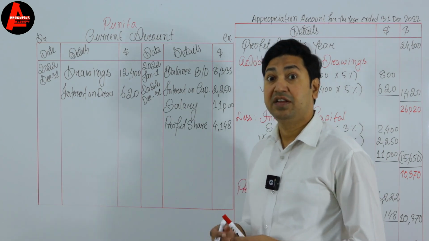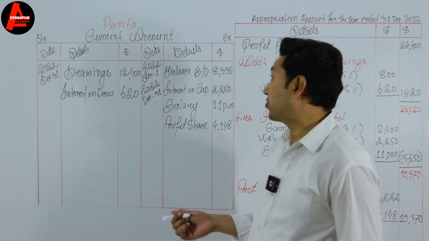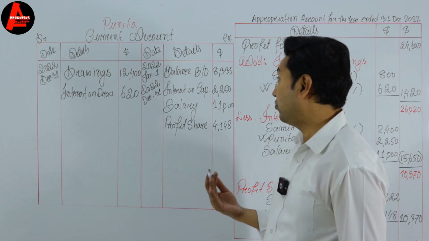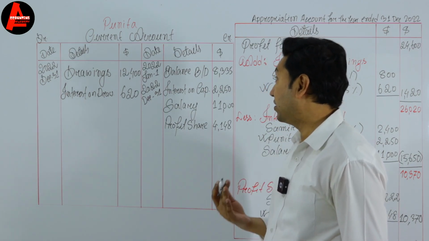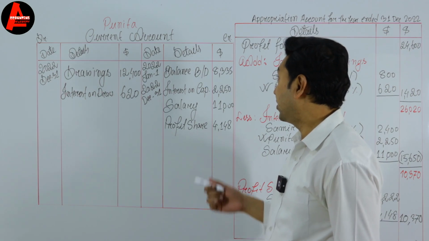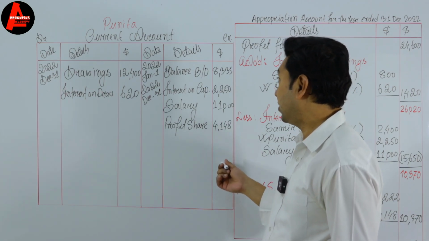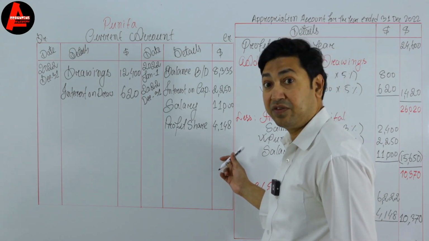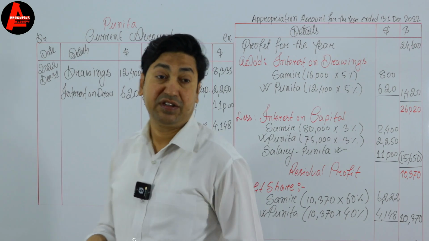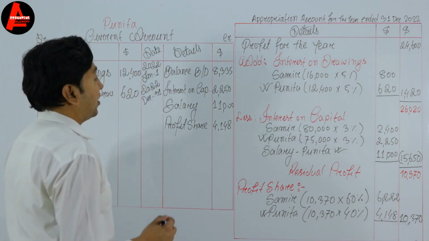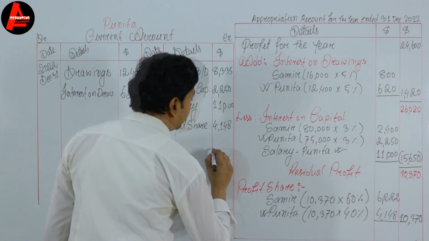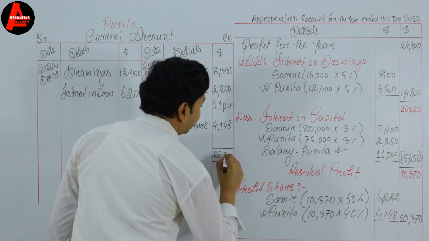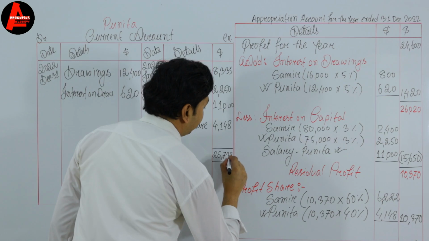So how to balance it? It is quite simple. We need to compare the debit column to the credit dollar column. We need to check which column is greater in terms of value. Definitely we see our credit column is greater, so we will get the totals on the credit column first. If we sum up here, our total is 25,733.